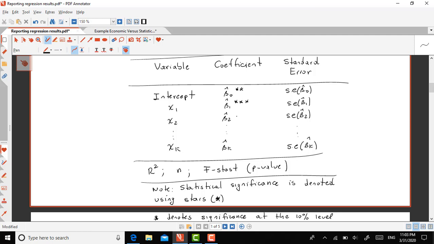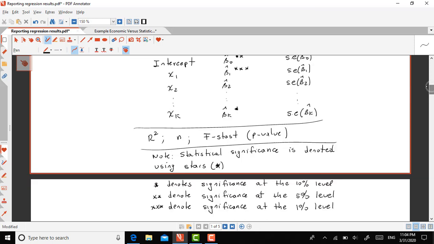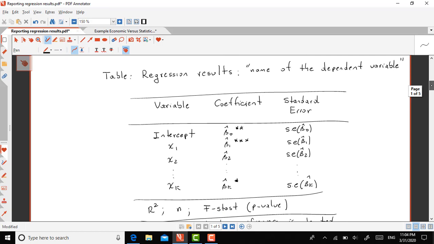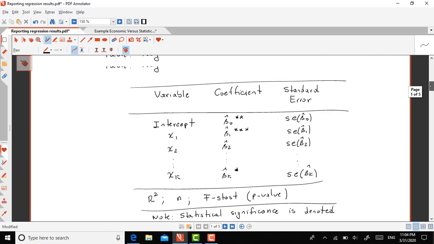Let's say that beta 2 is not significant at the 1, 5, or 10%. And let's say that beta k is significant at the 10% level. By doing that, you can see that we very clearly identify which variables are significant at which level of significance. And that's the way that we present the results.